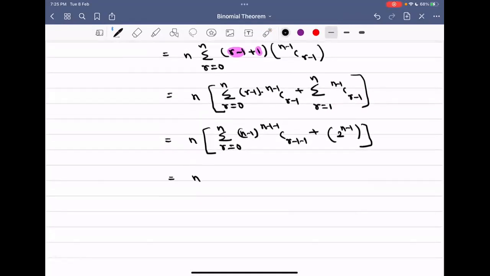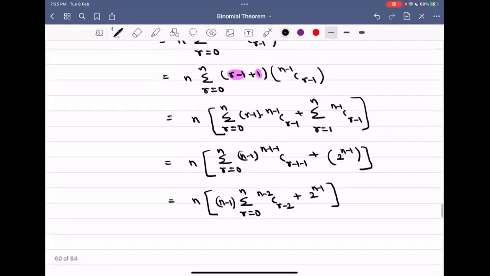So this is equal to n into, so from this one, n minus 1 is taken outside the sigma. That is n minus 1 into sigma r equals 0 to n of n minus 2 C r minus 2, plus 2 power n minus 1. Now if you observe this also, r equals 0 is not allowed, and also not defined from here.